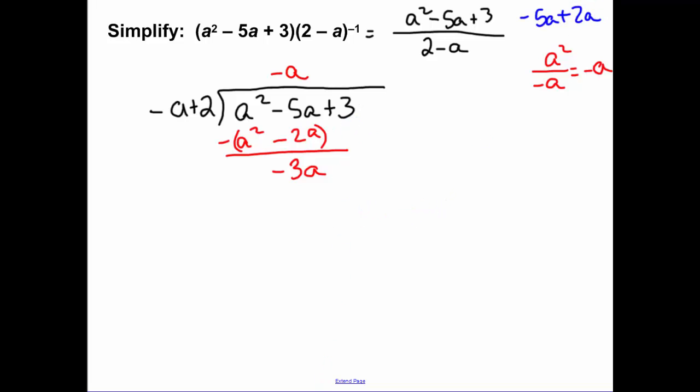Okay, now bring down the 3. So now, what times negative a gets me negative 3a? Or what you could do is you could do negative 3a divided by negative a. That gets me a positive 3.